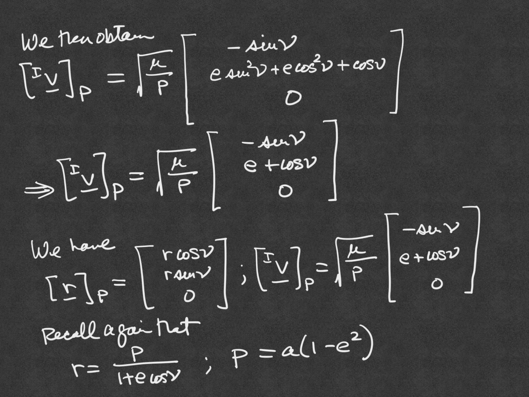So that means I know everything in these last two expressions. I have all the information I need to compute the position in perifocal coordinates and the inertial velocity in perifocal coordinates. These two quantities, together with the transformation from p to I, give me a way to compute the position and velocity in the Earth-centered inertial coordinates.